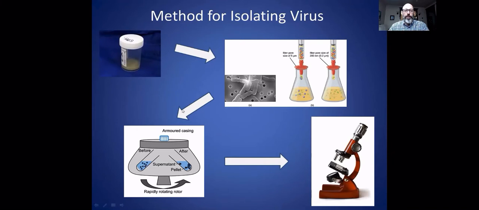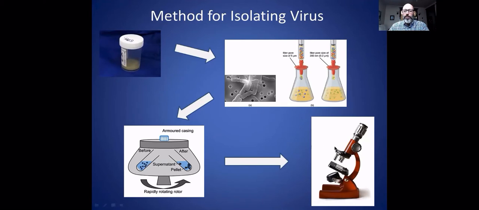Then you take this filtrate and use a centrifuge with a density gradient solution. You put the density gradient liquid in the tube, add the filtrate, and spin it. It forms a band of the particles because they all have the same density, and then you could easily take a pipette and suck those particles out.